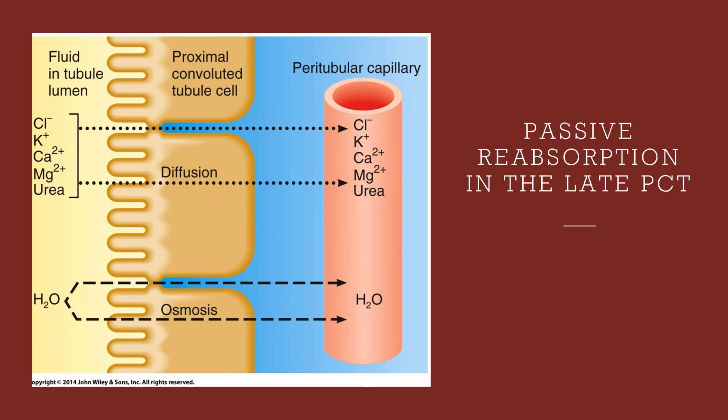Now, solute reabsorption in the proximal convoluted tubule really promotes the osmosis of water. So again, this is still in the proximal convoluted tubule. Each reabsorbed solute increases the osmolarity, first in the tubule cell, then in the interstitial fluid, and finally in the blood.